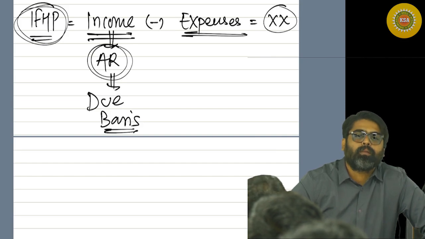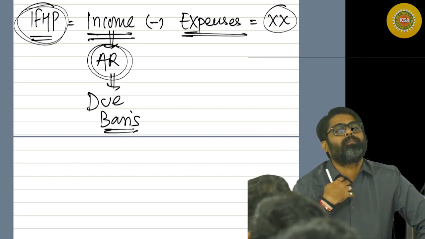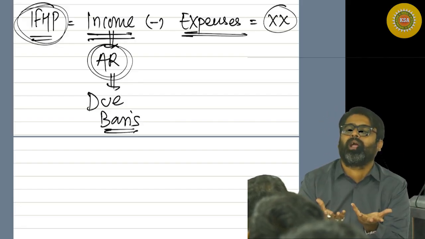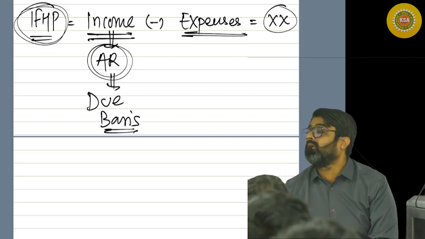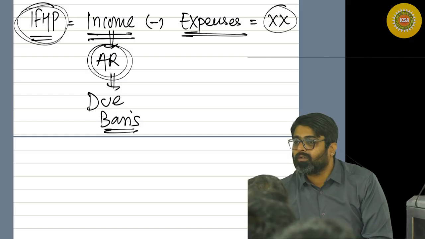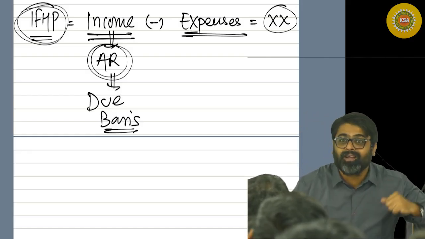Will you ever go and pay the municipal taxes to the local authority? The local authority will keep on screaming, please pay the municipal tax, and you will be least bothered about that. Why? Because even if you have not paid that municipal tax, it is still allowable on due basis. You are going to get the deduction.